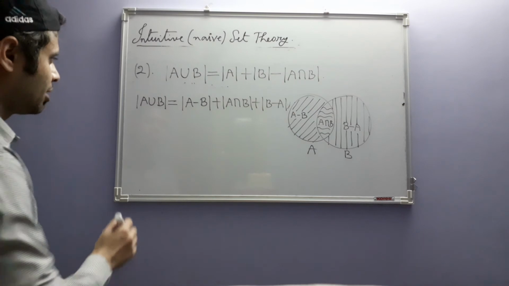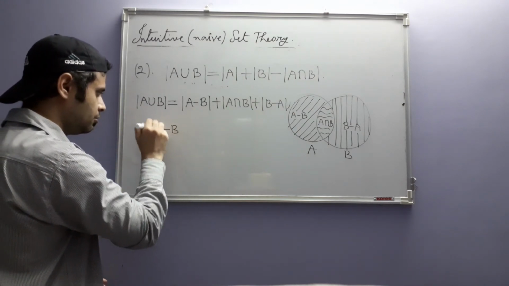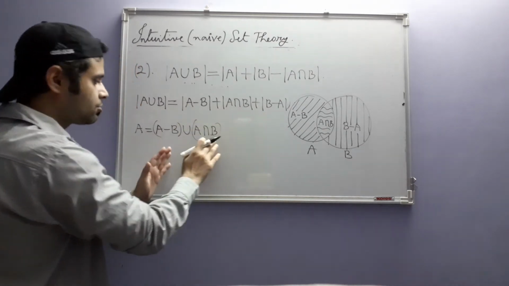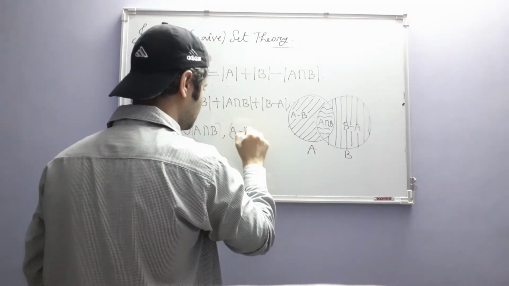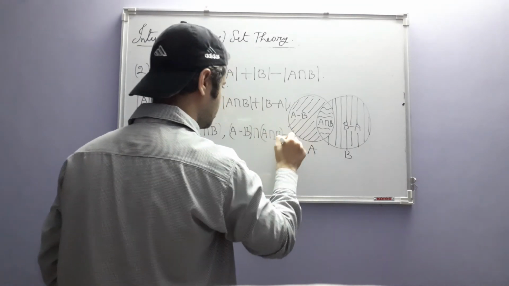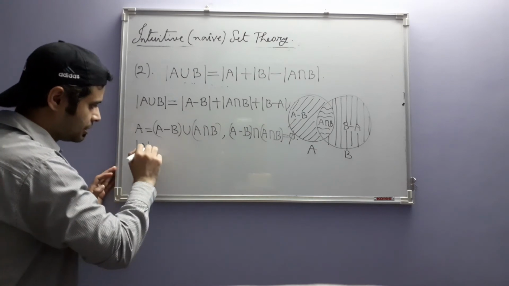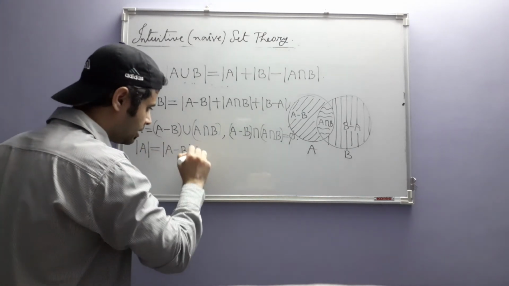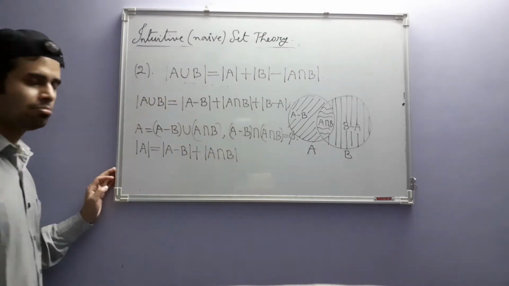In a similar manner, because A is equal to A minus B union A intersection B, and these two sets are disjoint, which means A minus B intersection A intersection B is empty. So the number of elements in A is equal to the number of elements in A minus B plus the number of elements in A intersection B. Why?